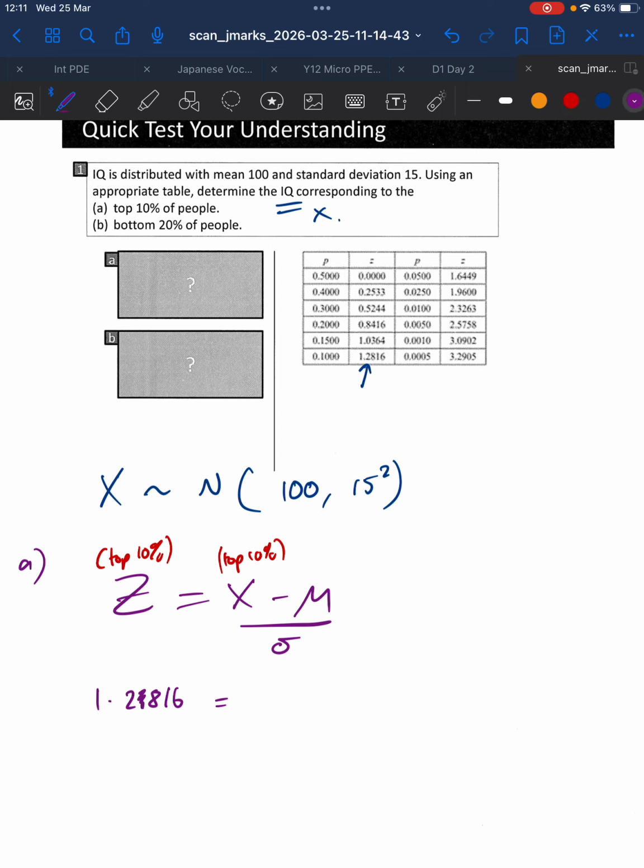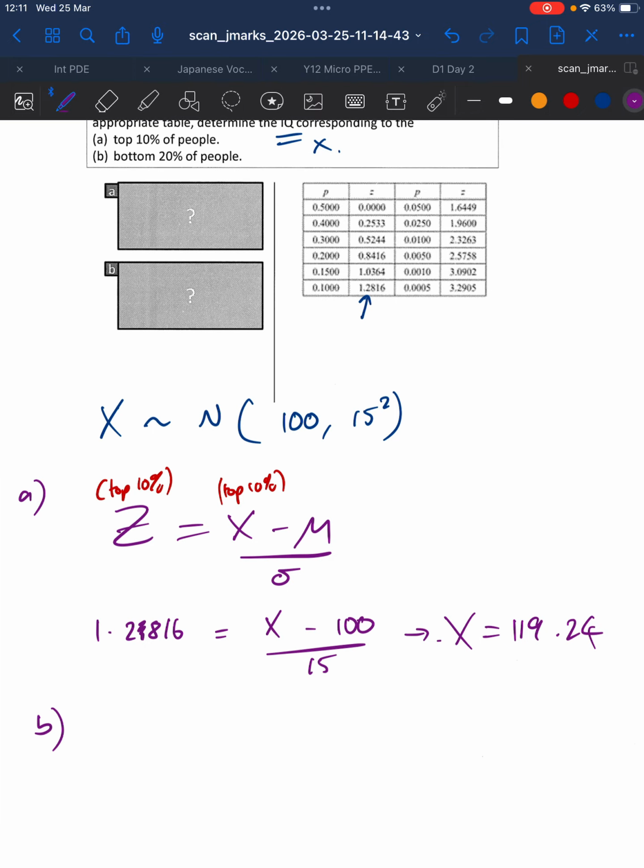So that's the Z. X we do not yet know. This is 100. This is 15. And we rearrange, okay? So if we rearrange, we get X is equal to 119.24, okay?